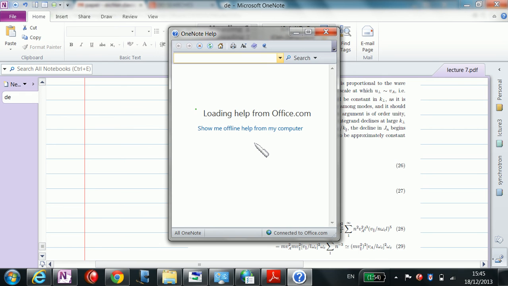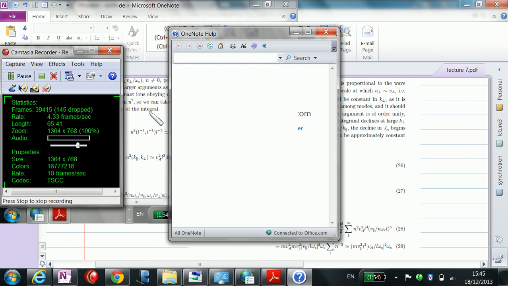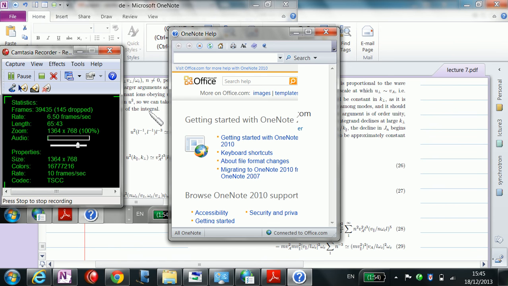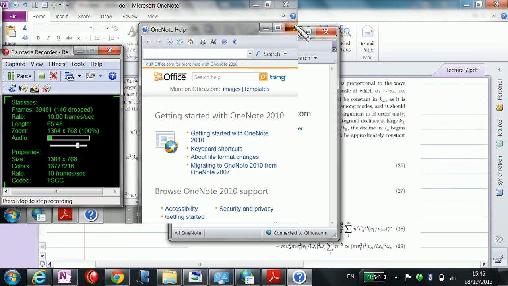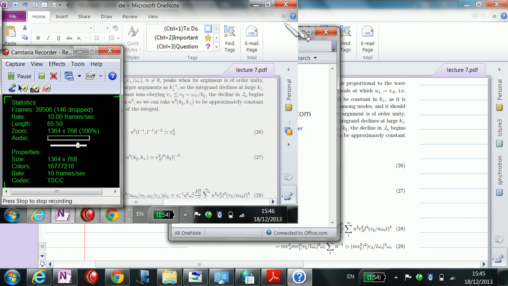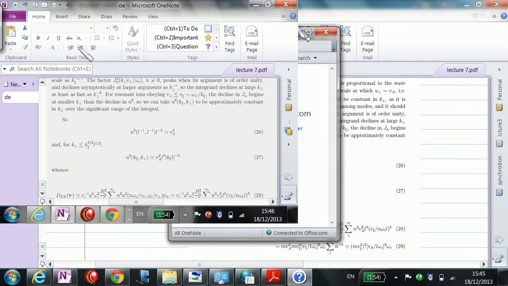Post-catastrophe. What? This is minimized. Minimize, no, this? No, that's one note. This one here. I don't want this.